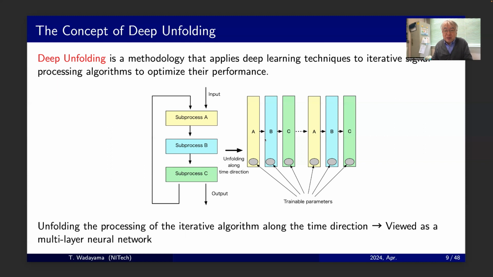Some trainable parameters can be embedded into the layers. Now the multi-layer structure looks like a multi-layer neural network. So such a neural network can be trained using standard deep learning techniques like mini-batch learning, backpropagation, and SGD to adjust internal parameters based on the training data.